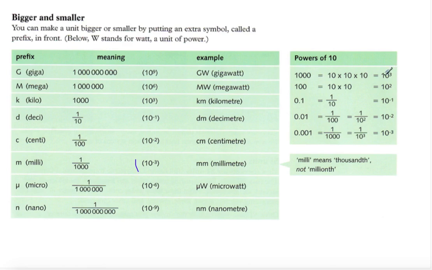If a number is very big, 10 to a plus power expresses it; if a number is very small, 10 to a minus power expresses it.